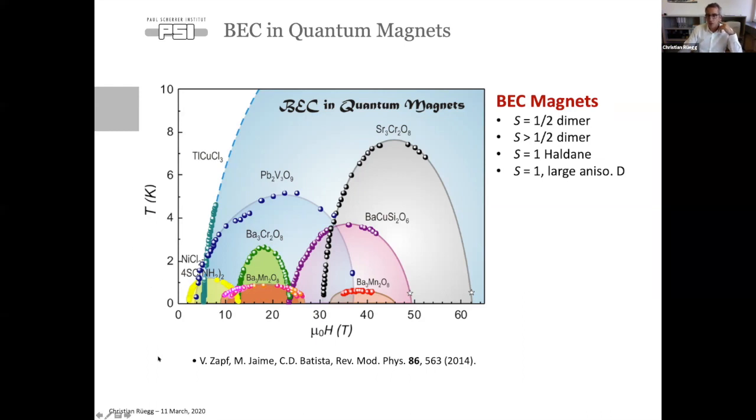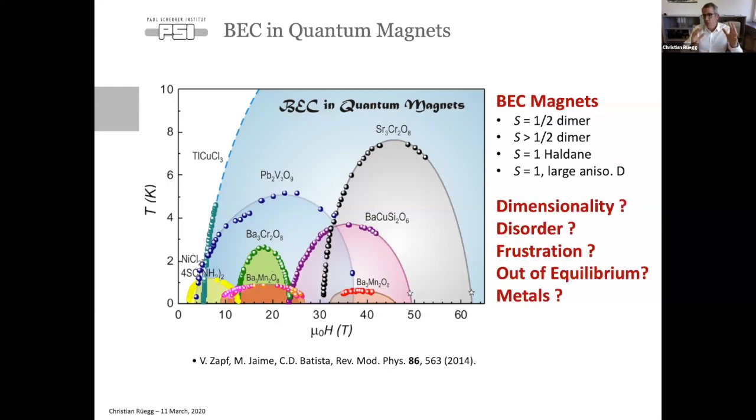Now what is quite interesting is of course to play around with this, apply pressure and fields, study these different systems, but there are also more fundamental questions, such as what happens with dimensional effects. Obviously BEC is a condensation and ordering phenomenon. We all know that this can only happen at finite temperature for 3D systems. You want to know then what happens in 2D, eventually in 1D, and how things go across.